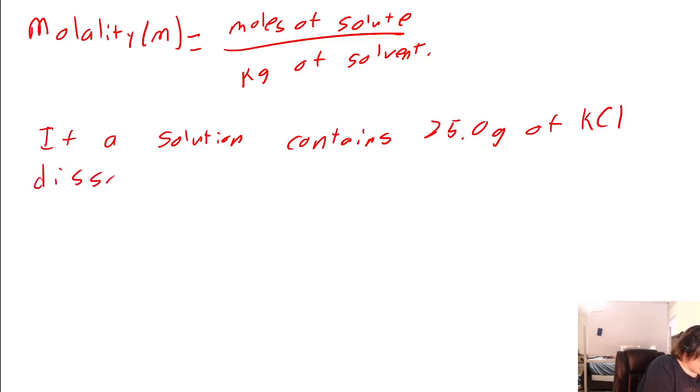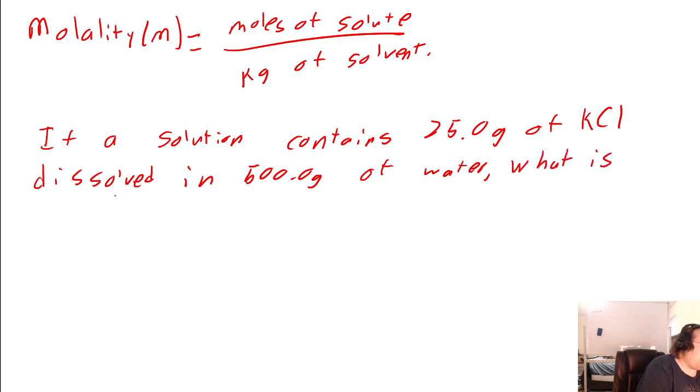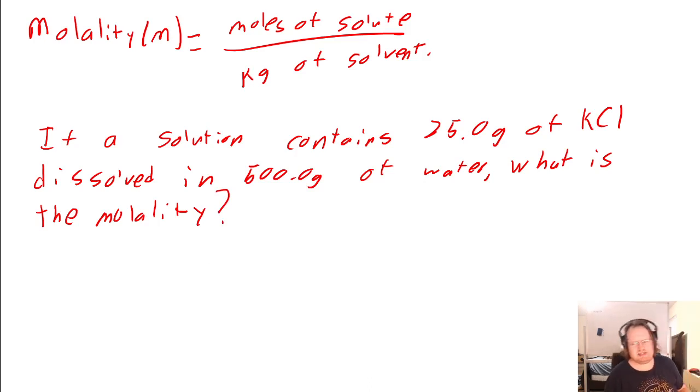Dissolved in 500 grams of water. What is the molality? You'll also notice sometimes this one ends up being easier to calculate depending on the units you're already starting with. Our solvent is the easier one to start with.